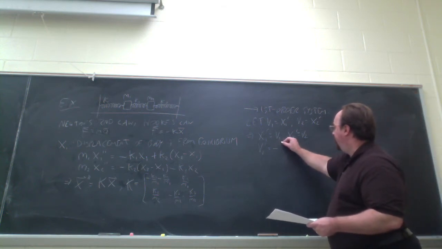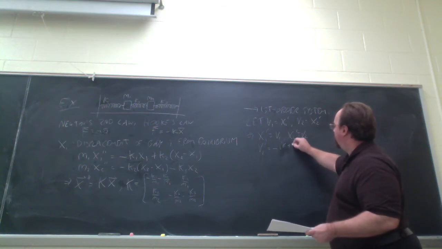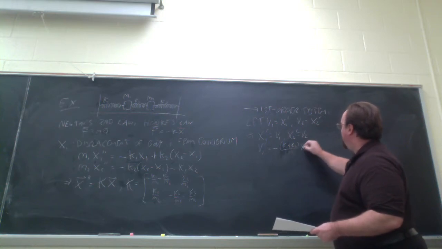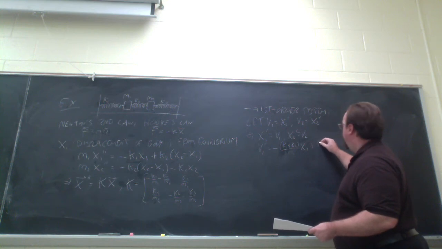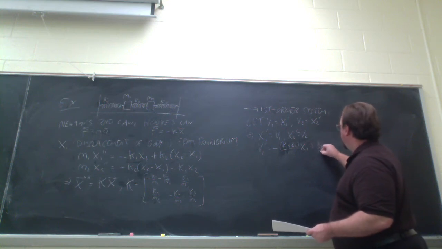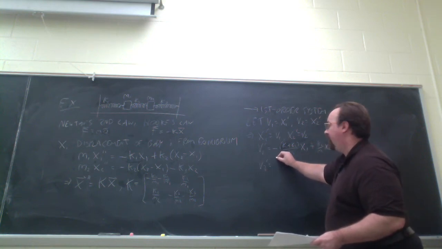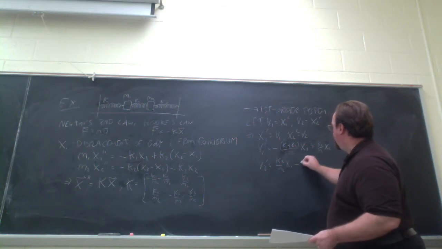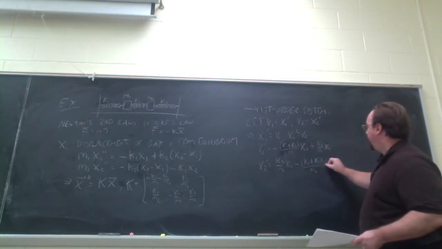So I have minus (k1 plus k2) over m1 x1 plus k2 over m1 x2. And finally v2 prime is k2 over m2 x1 minus (k2 plus k3) over m2. So I'm just reading it off that matrix there.